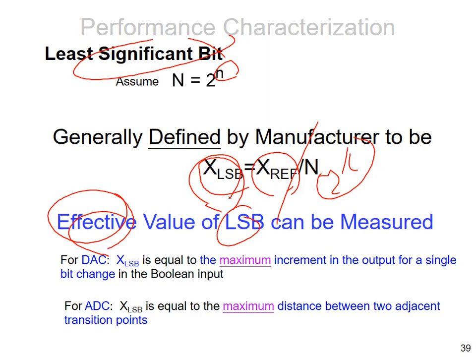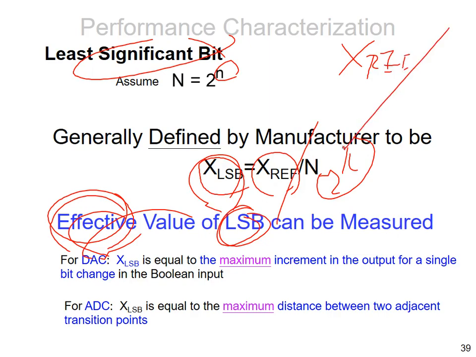We measure the worst case, I mean the largest, the widest step. And then, after you measure the effective LSB, you can divide your operation range by your real LSB. But you can see, if it is ideal, everybody is the same. If it is not ideal, some will be above average, some will be below average. But we get the maximum one, right? So the maximum LSB or the effective LSB is supposed to be larger than the ideal value.